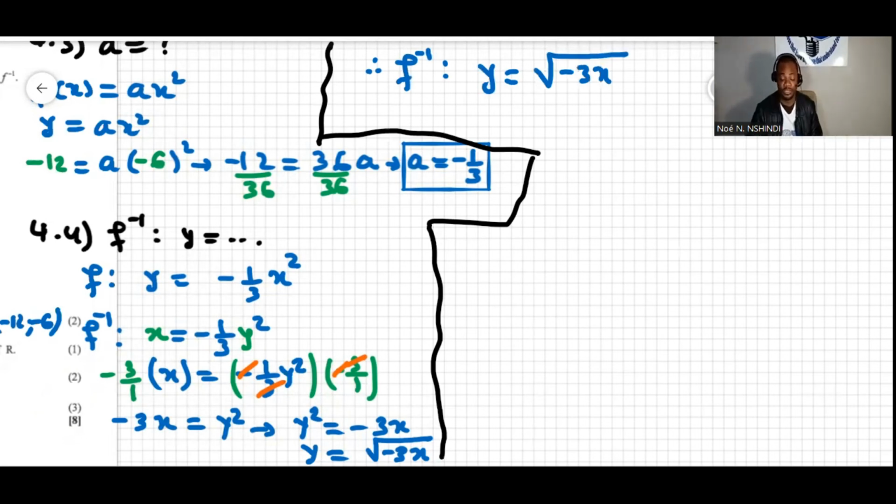Sometimes it is important to write the condition, because it was mentioned already, but I'm just going to write it here. It is x is negative or 0, because if x is positive, this root will not be real, it will not exist in the real set.